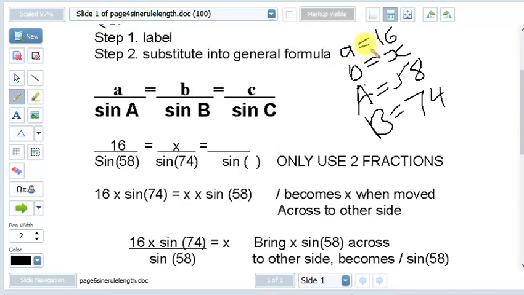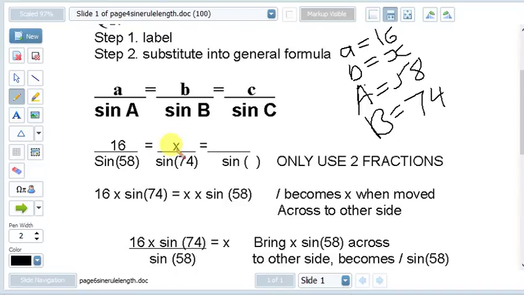So now what we've got to do is to substitute these into our sine rule general formula. So little a is 16, capital A is 58, and remember, a lot of pupils forget the sine in the sine rule. You've got to keep those in because it is the sine rule, and it is a trigonometric identity that is required for the trigonometric ratio to work.